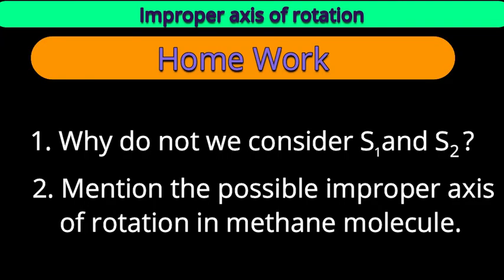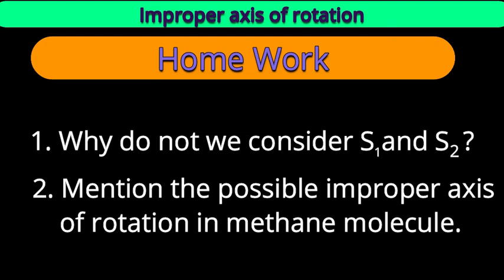Are you getting it? Yes, now the homework of this session. In this discussion, I told you why we don't represent S1 and S2 separately, but you have to mention in the comment box why we do not consider S1 and S2 as elements or respective operations. And the second task is to find the possible improper axis of rotation in a methane molecule.